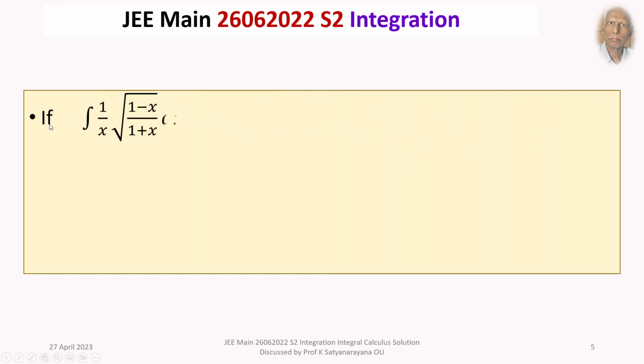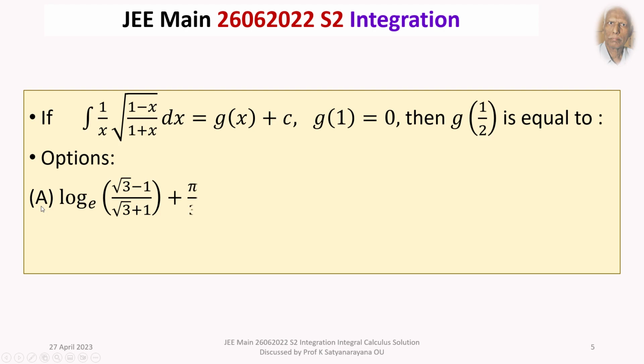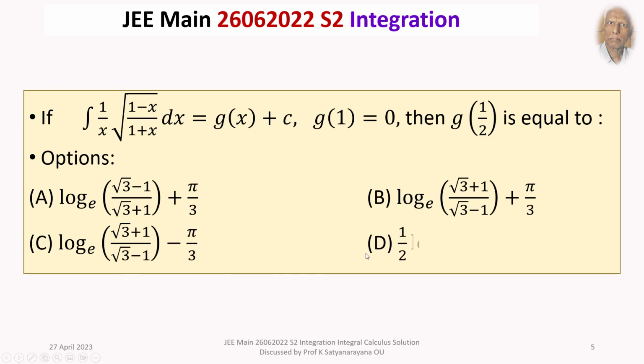The given question is: if the integral of 1 by x multiplied by the square root of (1 minus x) by (1 plus x) dx is equal to g of x plus c, and g at x equal to 1 is equal to 0, then g at x equal to 1 by 2 is equal to, and we are given four options: option A, option B, option C, option D. Now we are given that the integral of this function is g of x plus c, and the value of g when x is equal to 1 is 0.